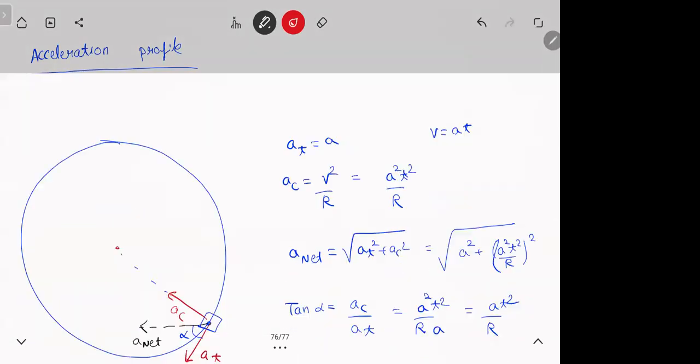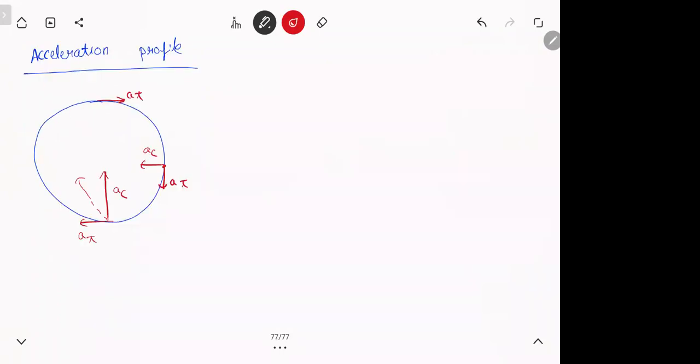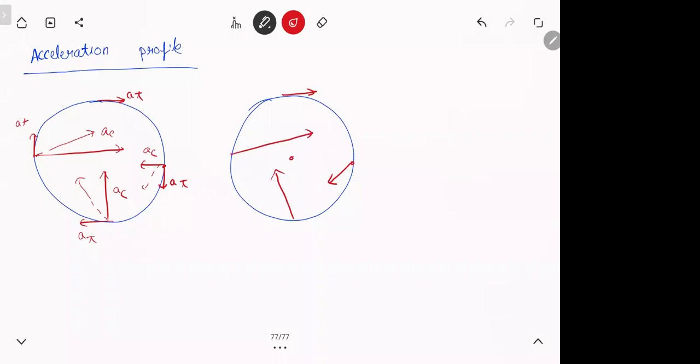That means the resultant will be like this. A tangential is constant, so A centripetal is becoming even bigger. If you draw the net acceleration, this is what you'll observe. Here it is like this, here it is bigger, here it is even bigger. So this is how the acceleration changes.